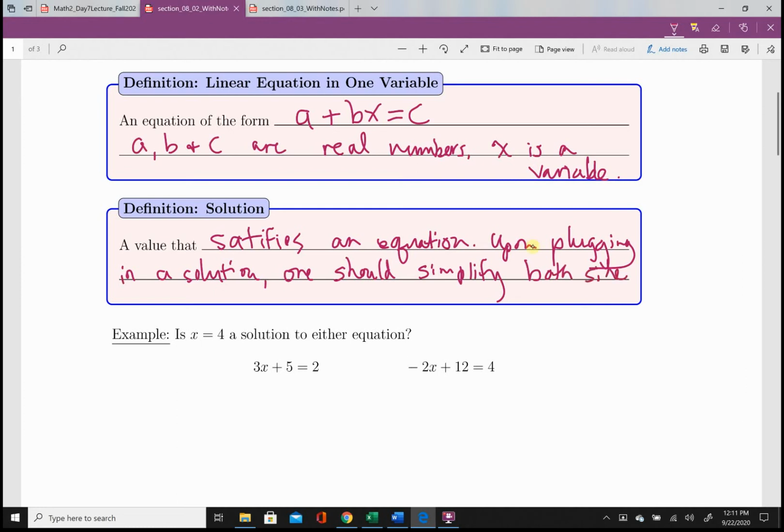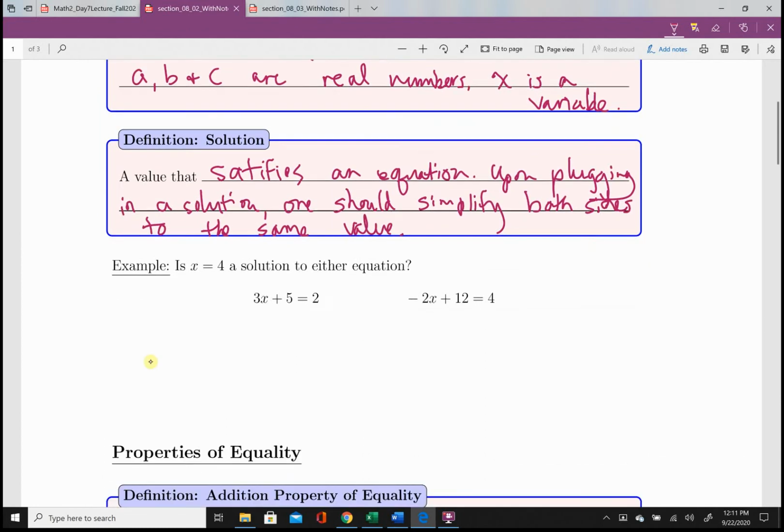And if both sides do not simplify to the same value, then the thing that you plugged in is actually not a solution. Let me show you what I mean in the next examples.